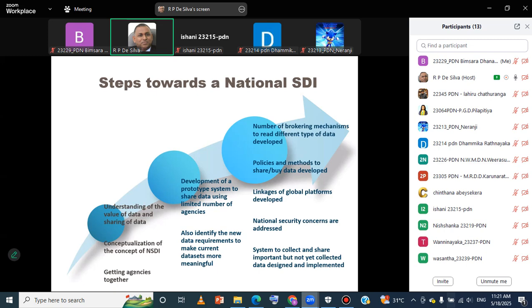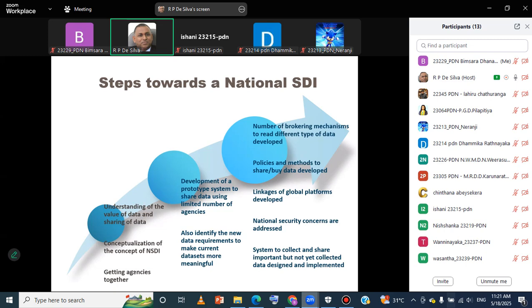So this is a slide I borrowed. Steps towards a national SDI. So first of all, understanding of the value of data and sharing of data. Then development of a prototype system to share data using a limited number of agencies and then expand it. A number of brokering mechanisms to read different types of data, develop the policies and methods to share data.